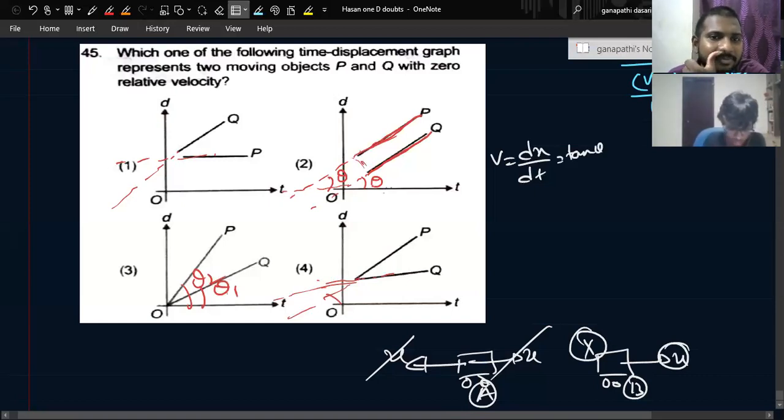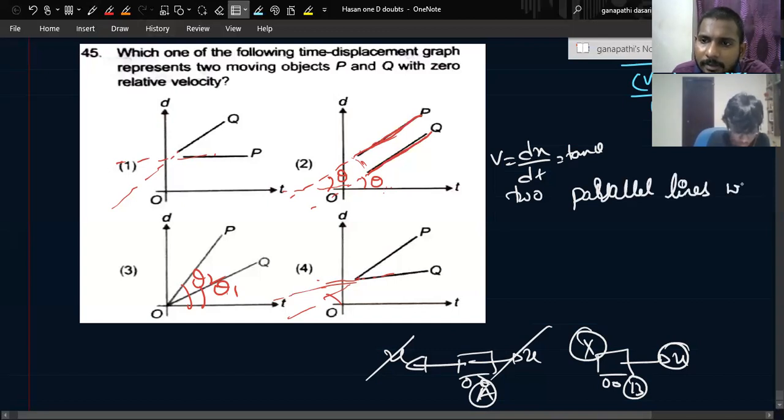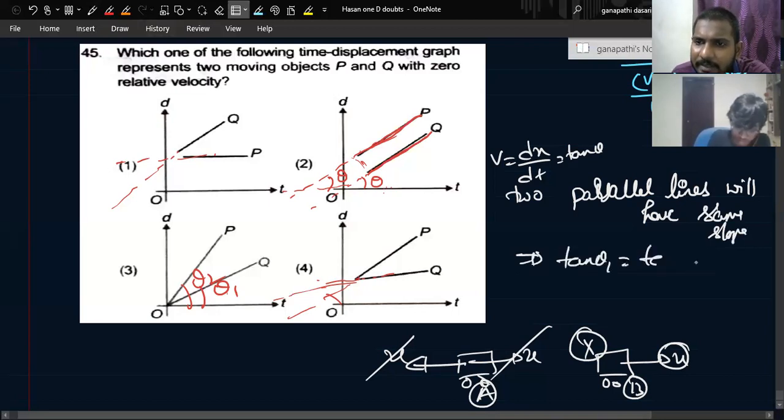Parallel lines have the same slope, which implies the same tan theta, which implies V1 is equal to V2.